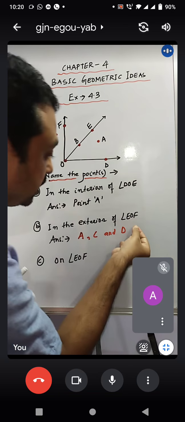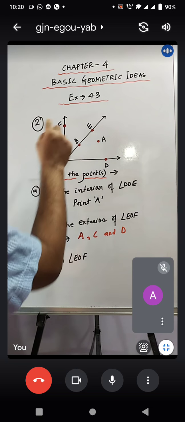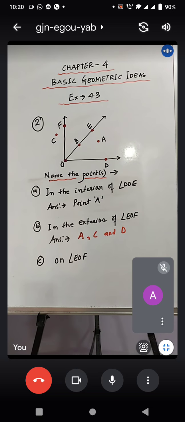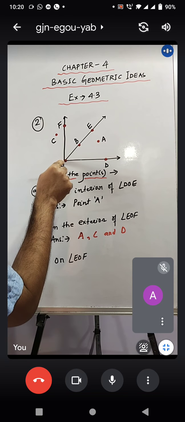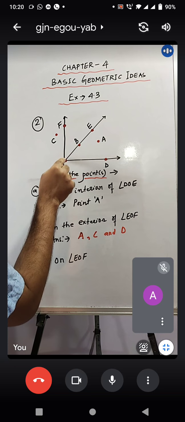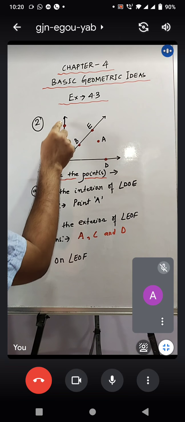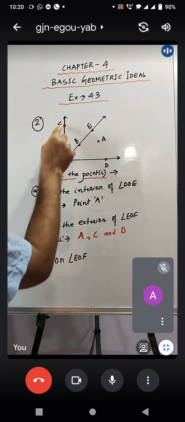Now let's see what is there in number C. On EOF. On EOF means on this line. On this line, which are the points? EOF. So the points that we see on this line are E, B, O and F. These all points are on EOF.